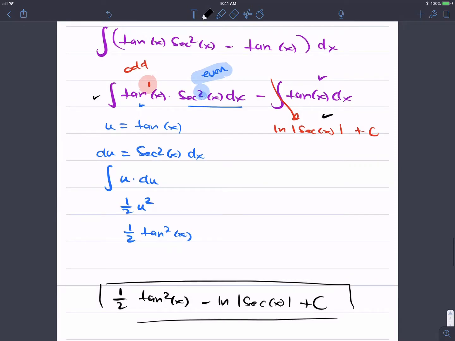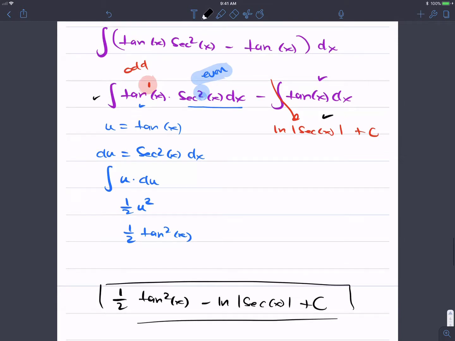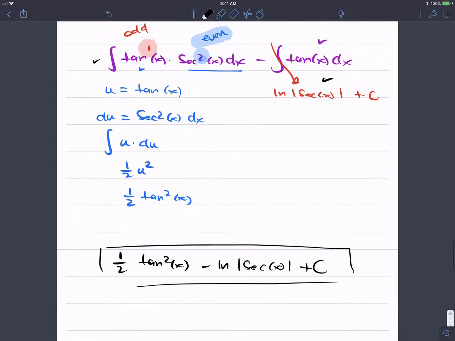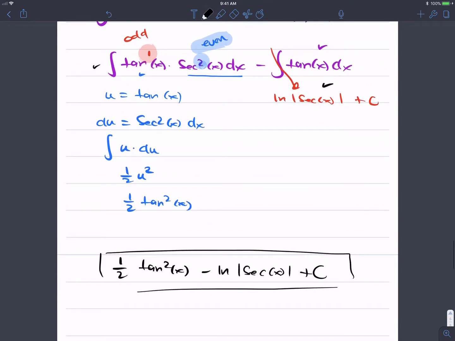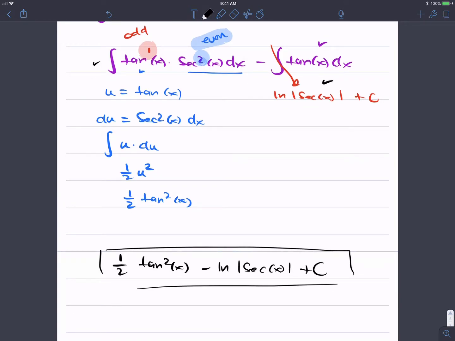We have an even power of secant, so we are able to integrate that rather nicely and easily. If you try the other approach, because that's secant squared, you may have a problem. If you went with the odd power, you might want to check that out. I just want to point out a couple of things you can see now that you have some experience with these trig integrals.